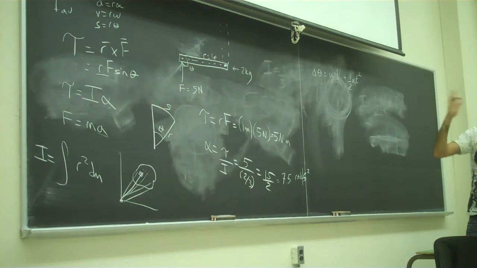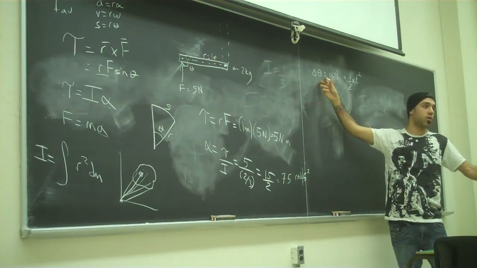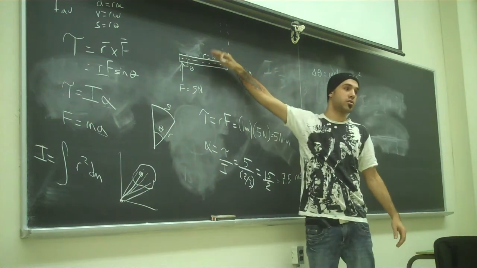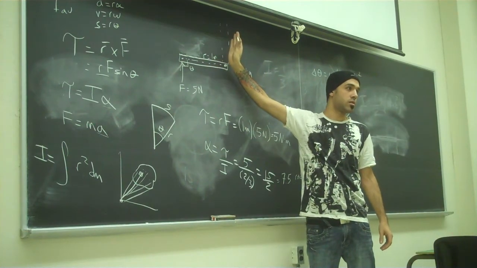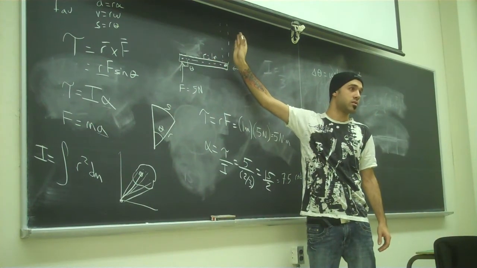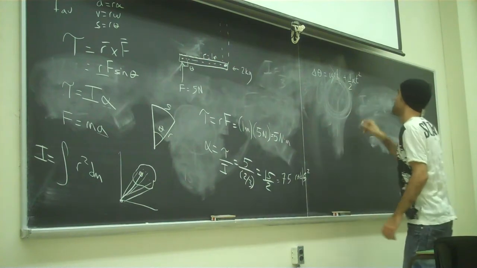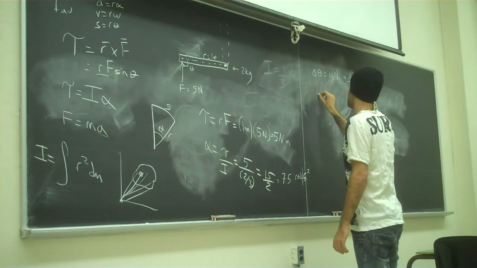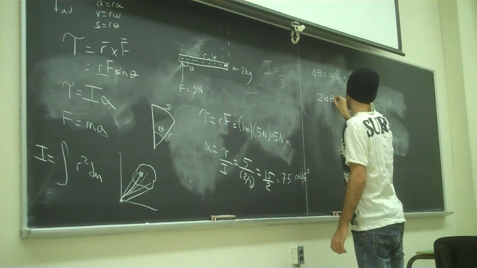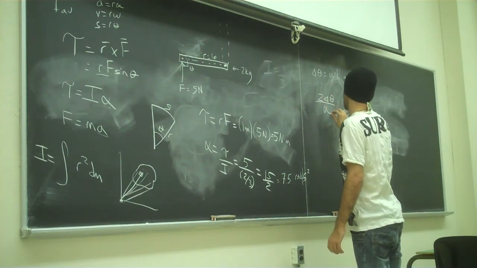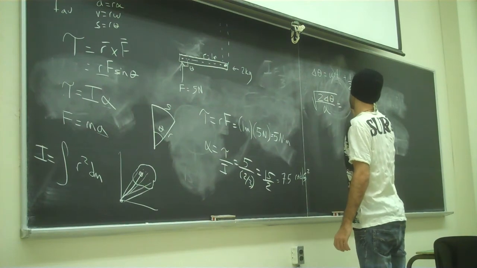The door has no initial angular velocity, and the door is going through an angle of how much from here to here, in radians? Pi over 2. Pi over 2, yes. So I want to solve for the time. The square root of 2 delta theta divided by alpha is equal to the time.